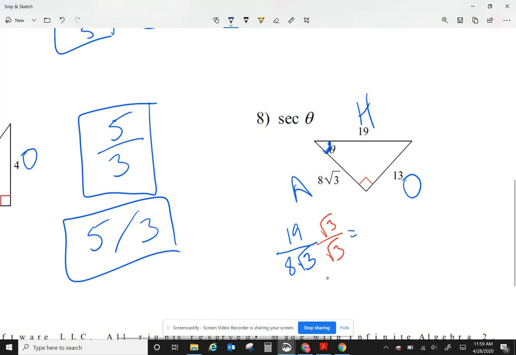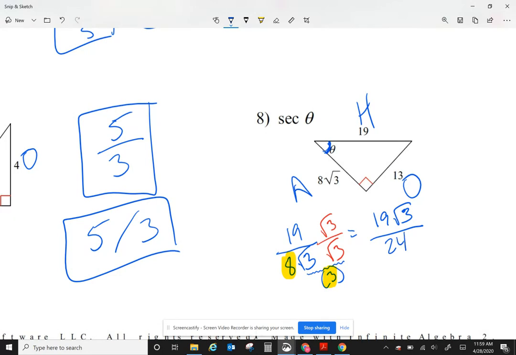So that gives me on the top, 19 radical 3. Remember, a whole number and a radical, I cannot combine them. I cannot multiply them. So I just write both of them. 19 times radical 3 is 19 radical 3. Now at the bottom, radical 3 times radical 3 is just 3. Now 3 multiplied with 8 gives me 24.